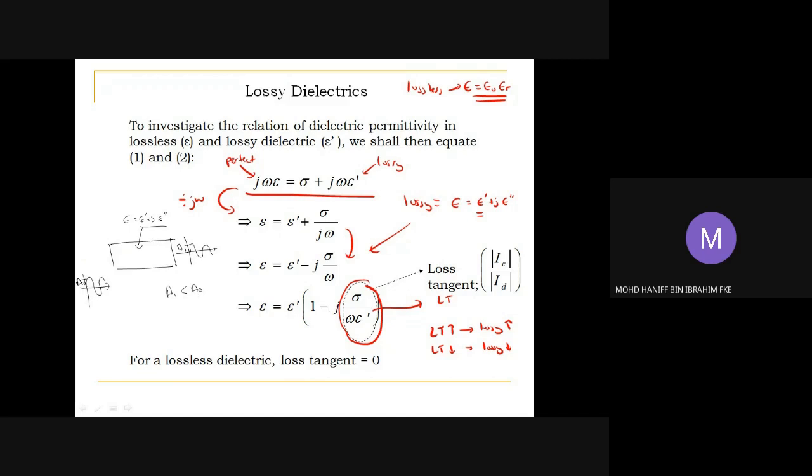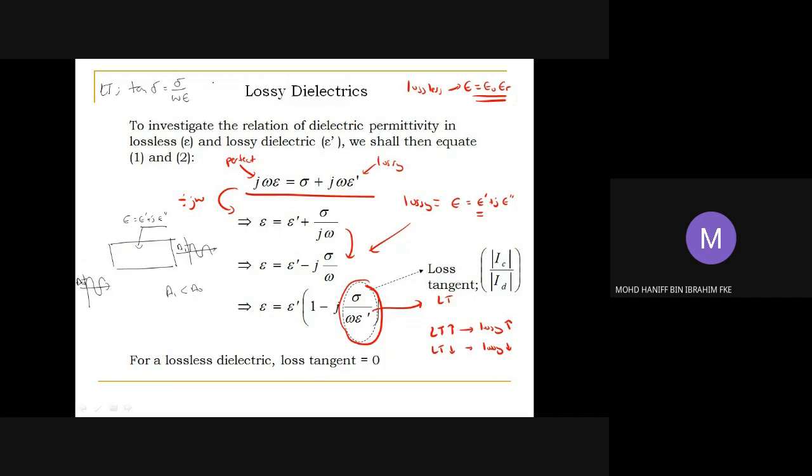Based on this loss tangent and the equations here, it can be said that the loss tangent will be the ratio between the conduction current and the displacement current. Loss tangent, for which we normally use the symbol tangent of delta, is equal to sigma divided by omega epsilon.